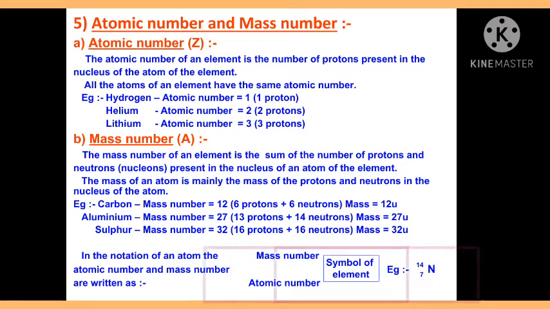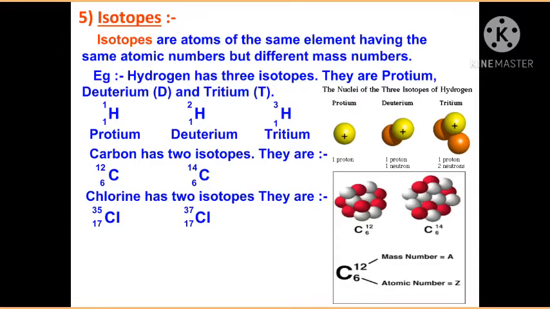After understanding what is atomic number and mass number, now let us know about isotopes and isobars. So, in nature, a number of atoms of some elements have been identified which have the same atomic number but different mass numbers. For example, take the case of the hydrogen atom.